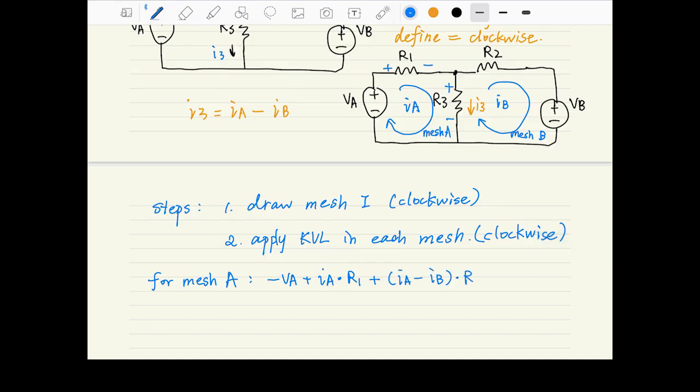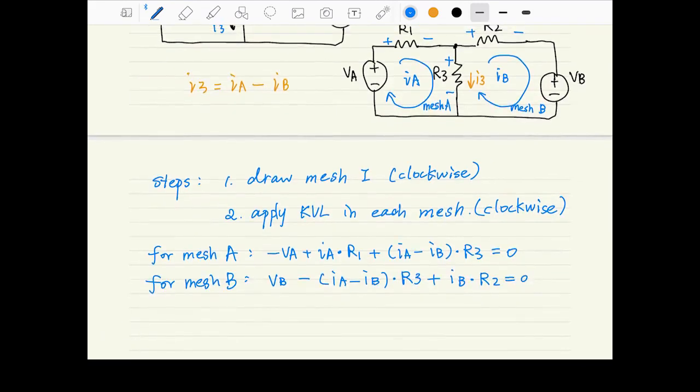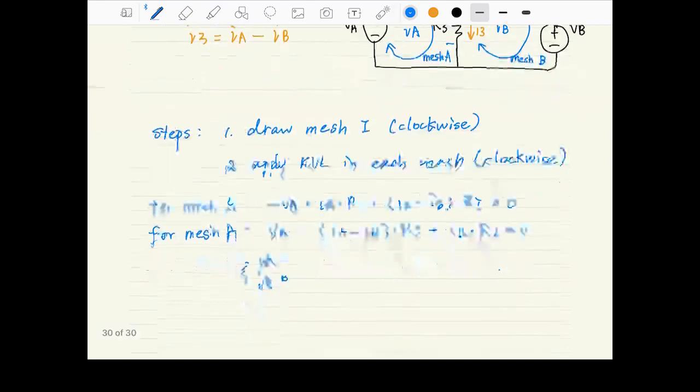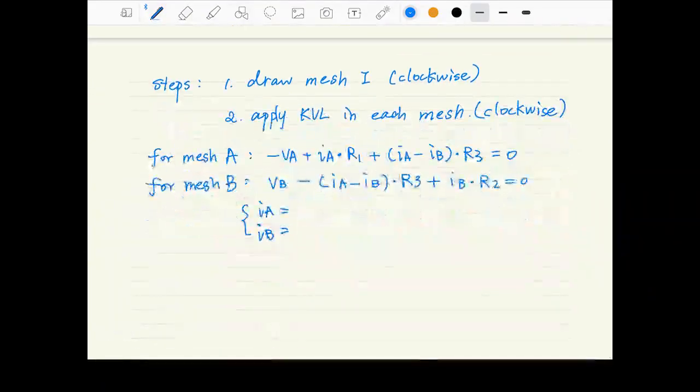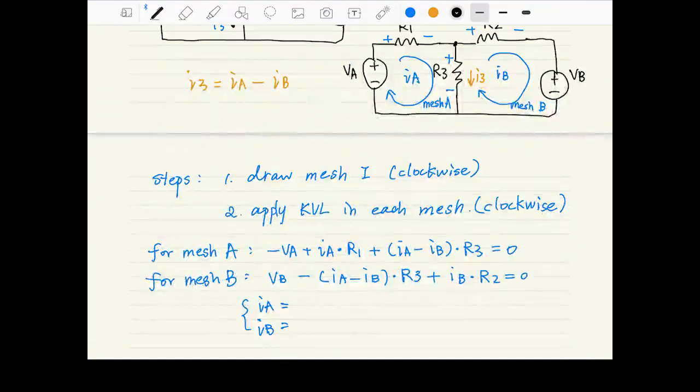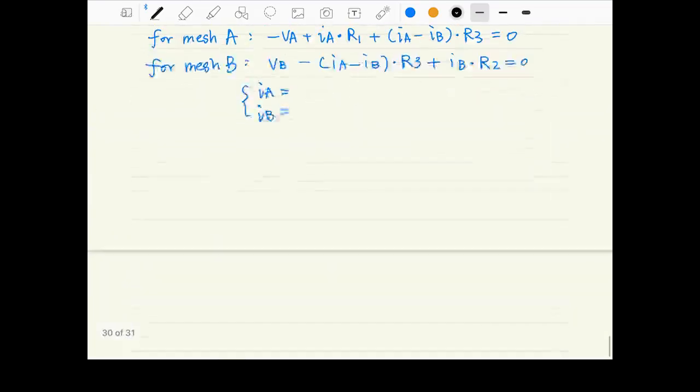So the steps to solve it: first, draw the mesh currents inside the meshes and make sure they're clockwise. Second, apply KVL in each mesh, and for convenience, we can still use KVL clockwise. For example, for mesh A, following the clockwise direction, the KVL should be minus VA plus IA times R1 plus I3, which is IA minus IB, times R3 equals 0.